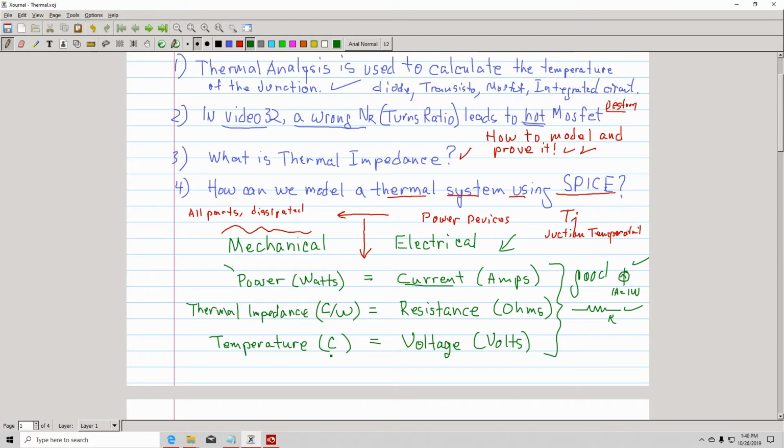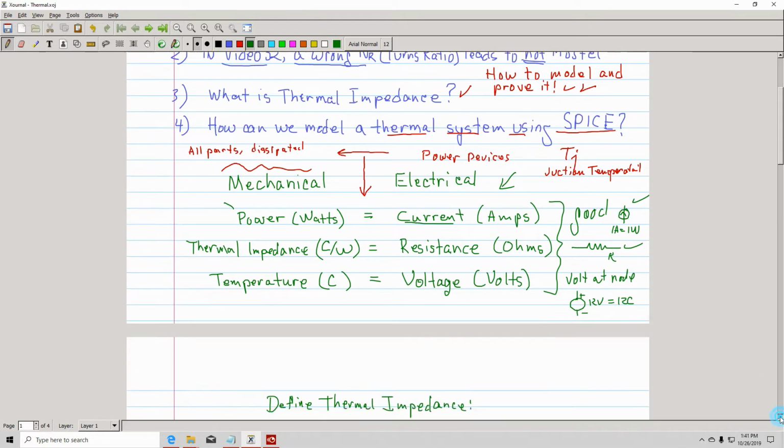And then temperature: they use Celsius, but we use the voltage at a node, or to set the temperature, we use a voltage source. So that's what I want to make you aware of, that we can do a little bit of thermal modeling using these symbols.